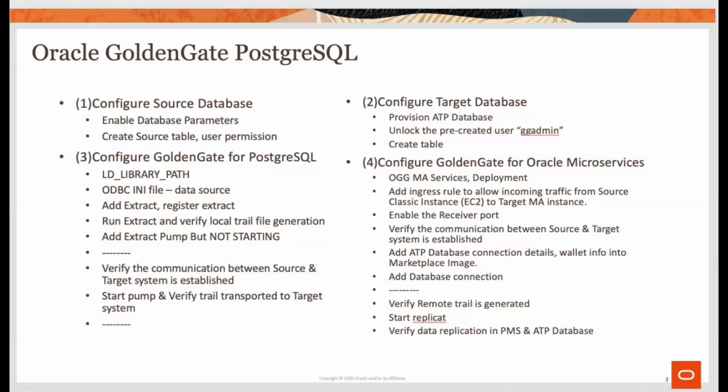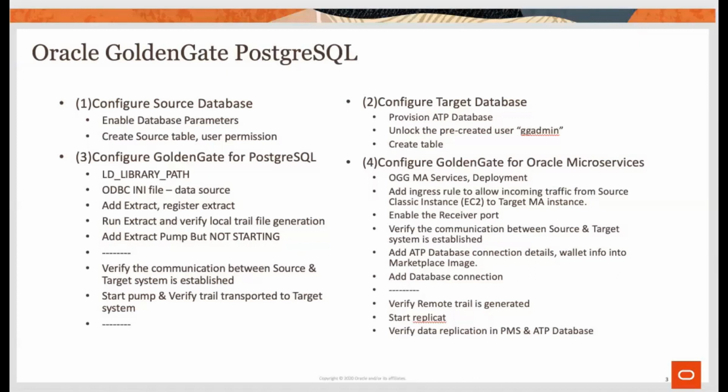So the capture for the GoldenGate PostgreSQL will be responsible for reading the transaction log from the Amazon RDS remotely, and then it will dump the trail files locally on the machine, and the data pump will read those local trail files and transport them to the target machine.